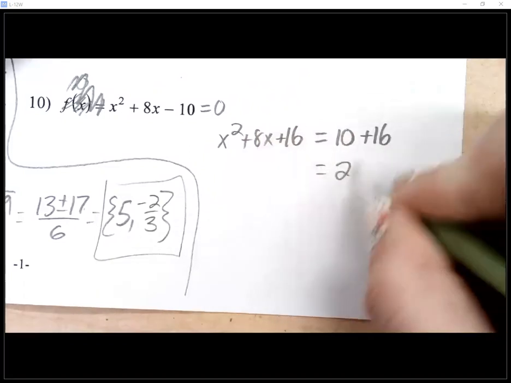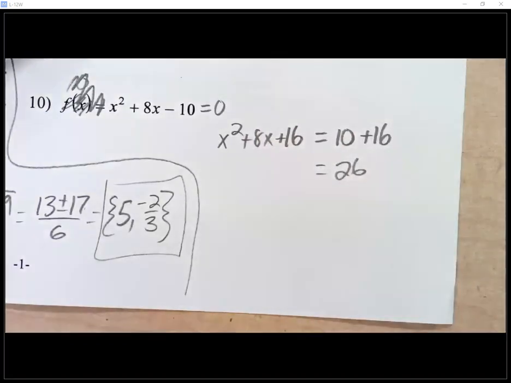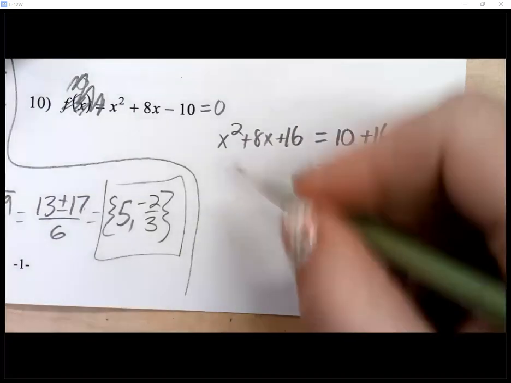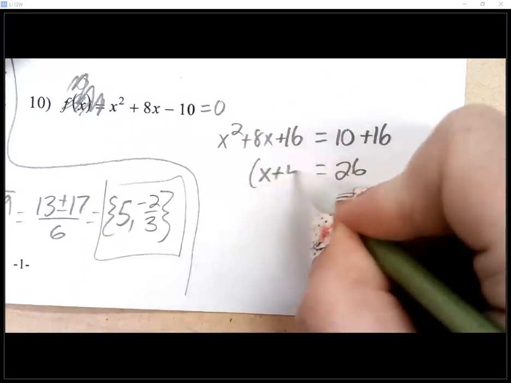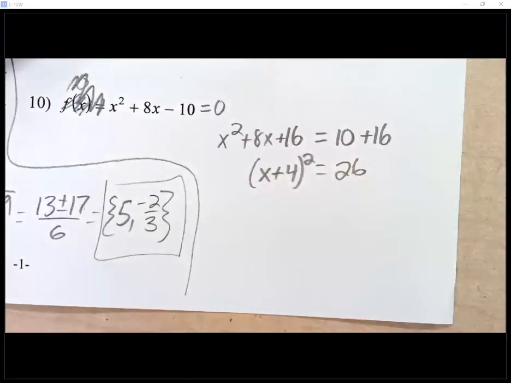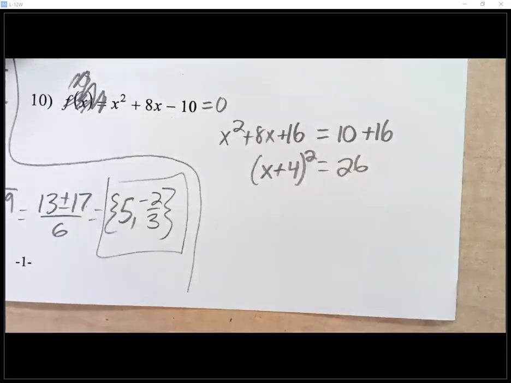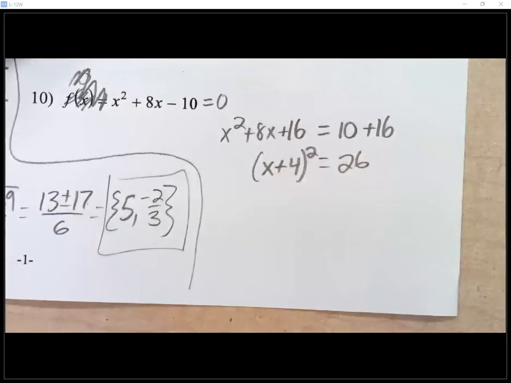On the left, I'm just going to factor that thing. What are factors of 16? That has to be 8. 4 and 4. So I write it as x plus 4 squared. I don't write it as x plus 4 times x plus 4. I always write it like that. And now I'm ready to square root both sides.